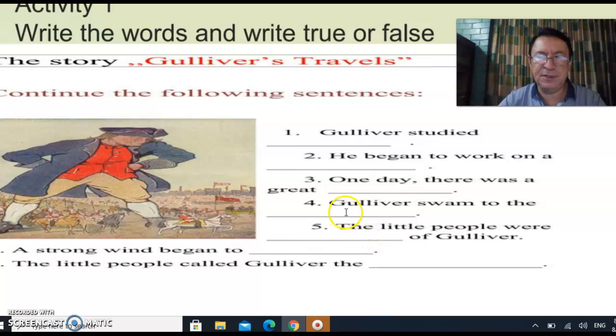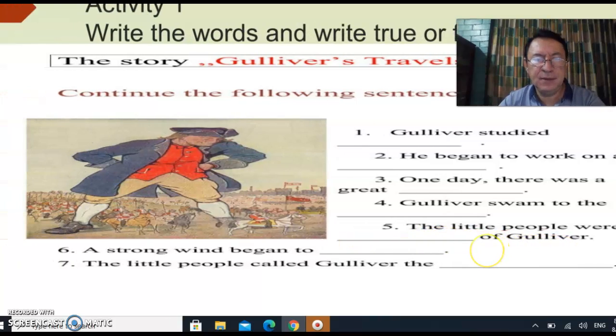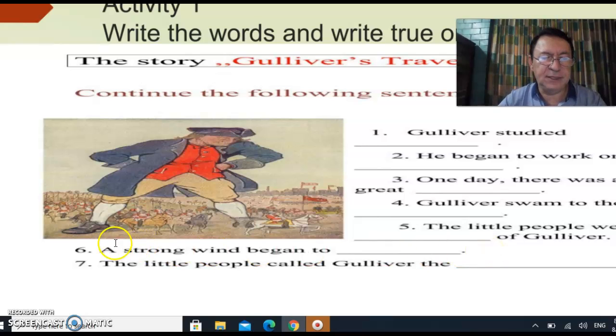Number 4, Gulliver swam to the. Number 5, the little people were of Gulliver. Number 6, a strong wind began to. Number 7, the little people called Gulliver's the. And complete. This is very easy.